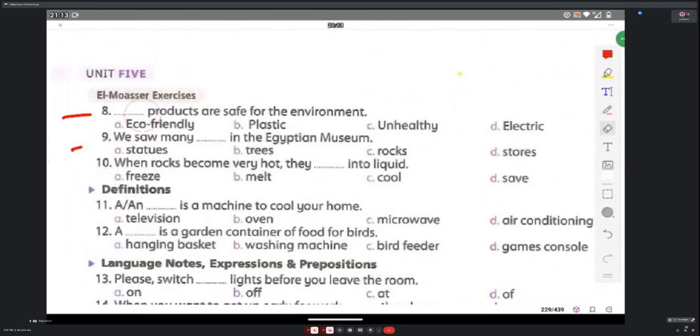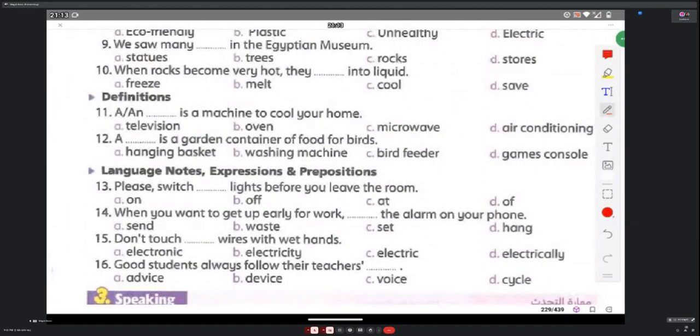Definitions: A or an dash is a machine to cool your home. An air conditioning. A dash is a garden container of food for birds. Bird feeder.